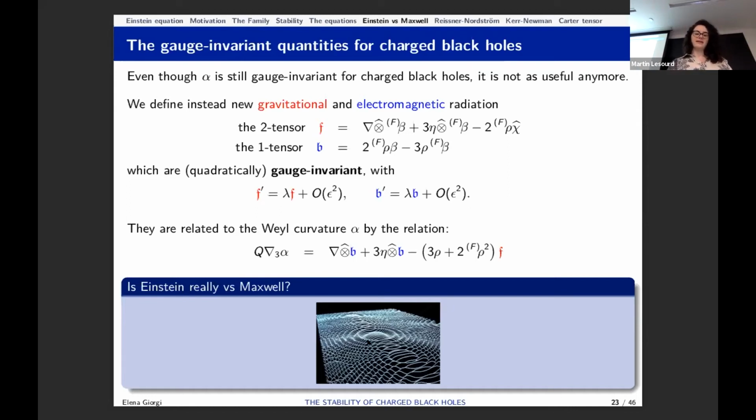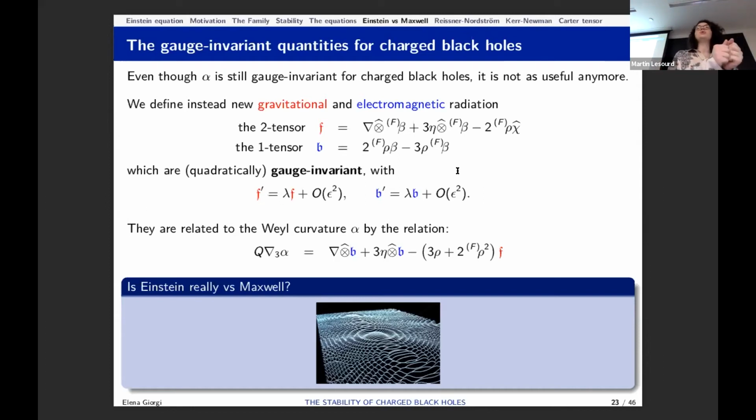It's like asking, in this picture, whether the radiation here is the one coming from this one or this one. Both quantities are intercombined, and you can see it immediately from these definitions that they are defined using both curvature and the electromagnetic tensor. So they're both gravitational and electromagnetic radiation in a certain sense.